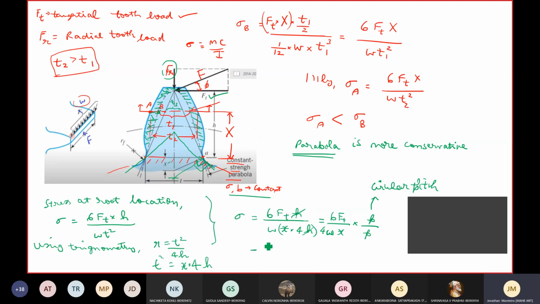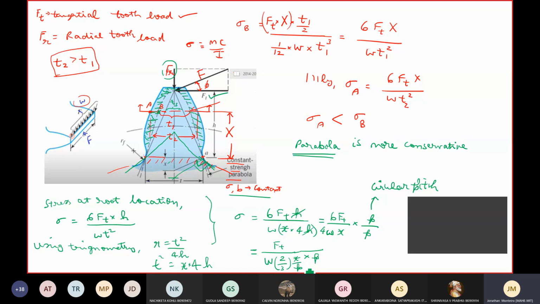Now what will come out? You can write this as Ft by, I'll keep Ft as it is, this is W, I can write this as 2 by 3 x by p, into p. This is just mathematics here.